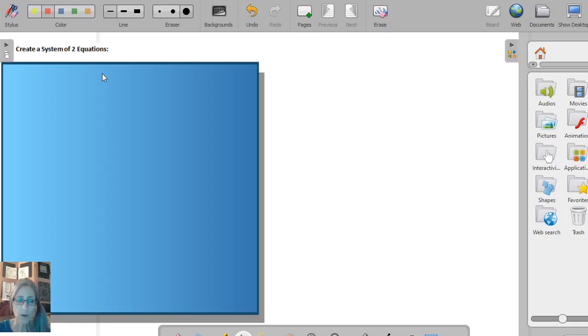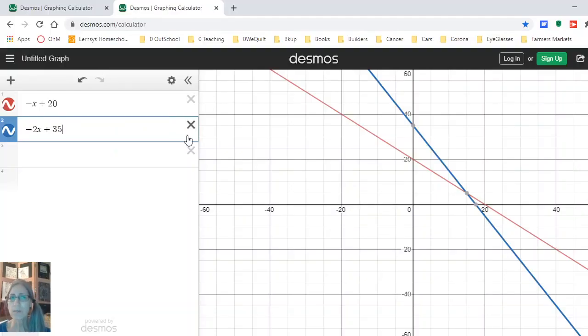And if you recall, a system of equations is two or more equations, and here you see I have two equations. The red one here, negative x plus 20, and the blue one here, negative 2x plus 35.